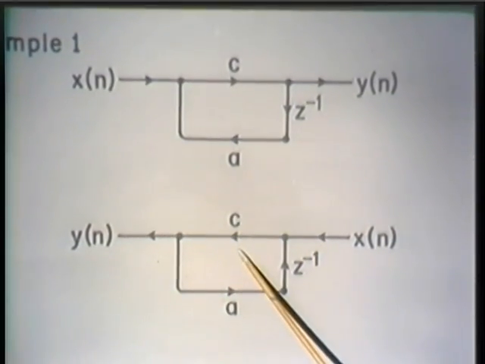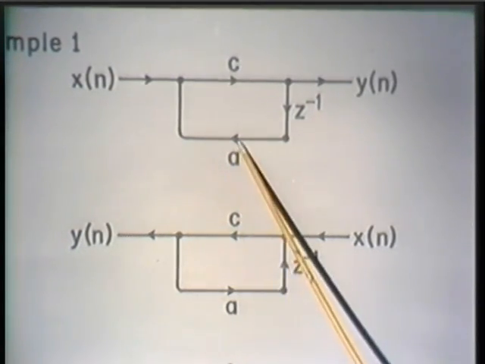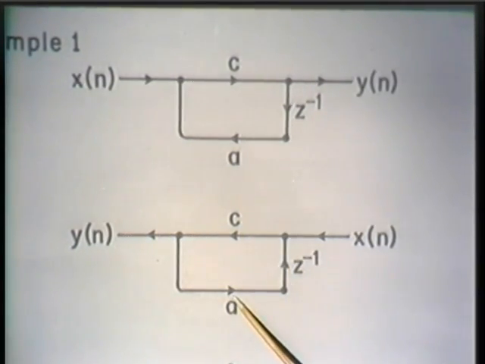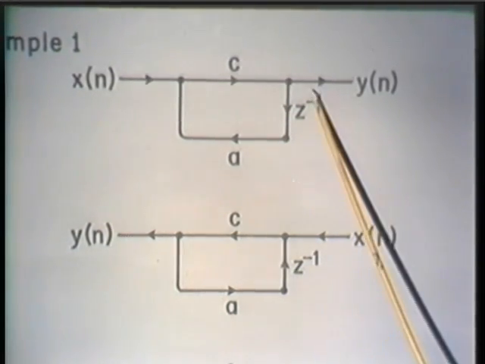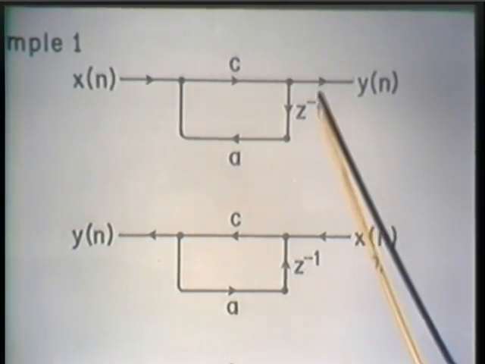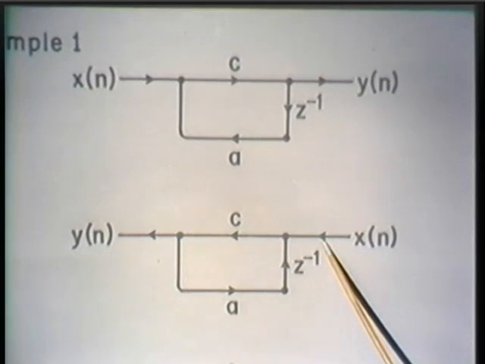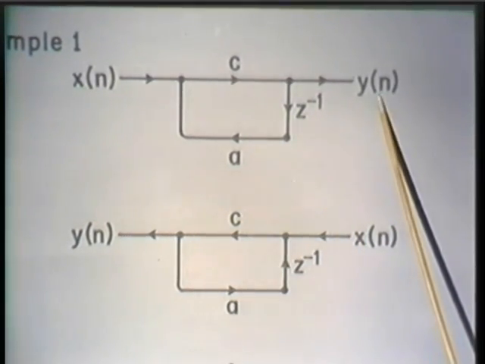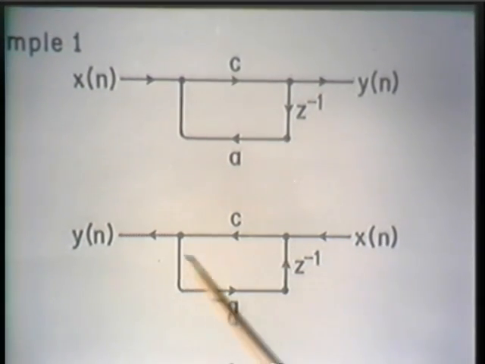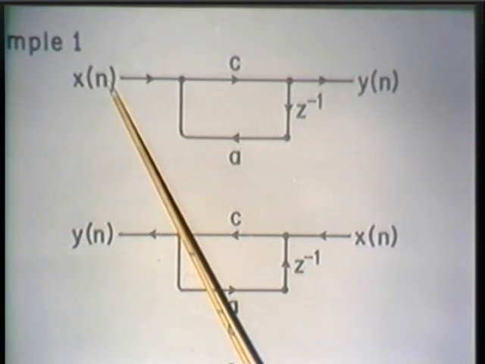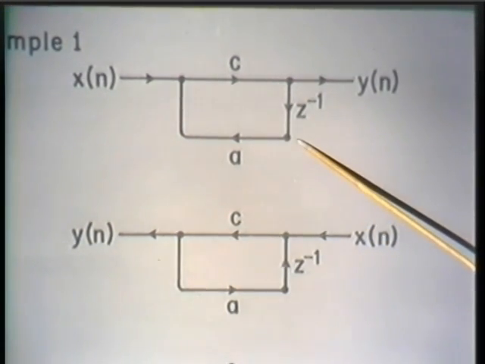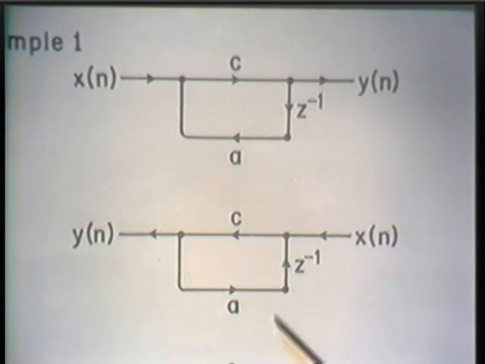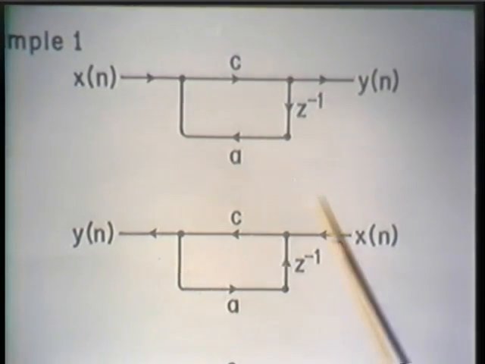This branch gets turned around with a gain of C. This branch gets turned around with a gain of A. The delay branch is turned around. This branch, which has a gain of unity, is turned around. Put the input where the output was, and take the output from where the input was. So the transpose of this network is the network that I've indicated here.